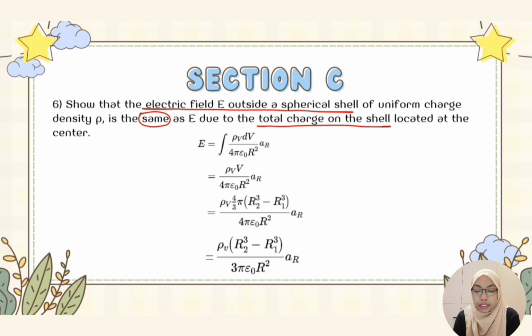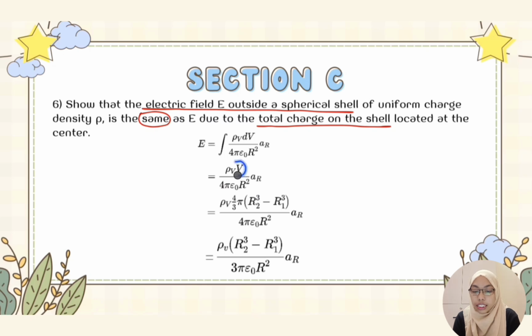Next, we need to find the electric field at the center of the spherical shell. We know that the electric field formula is E equal to integration of rho v dv over 4 pi epsilon naught r squared ar. Ar is a vector and we can ignore it. After we integrate, we can get rho v times v over 4 pi epsilon naught r squared ar.